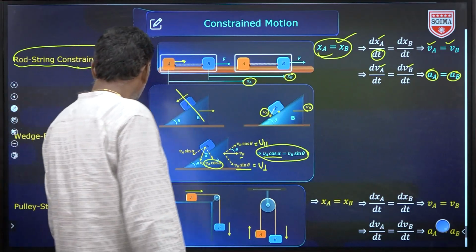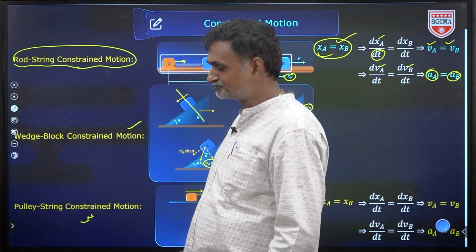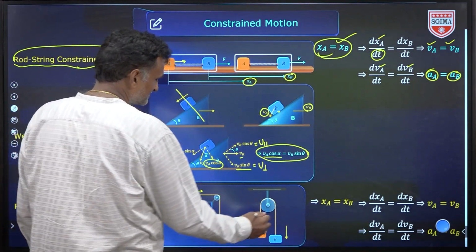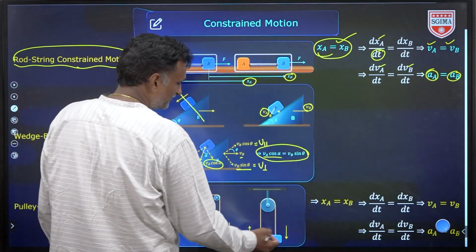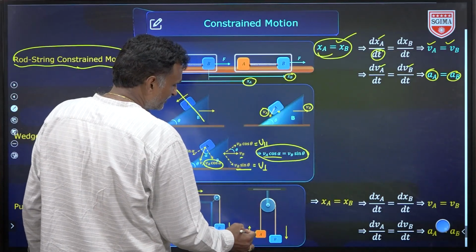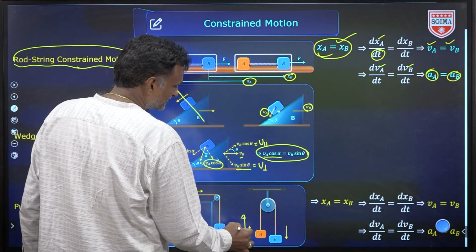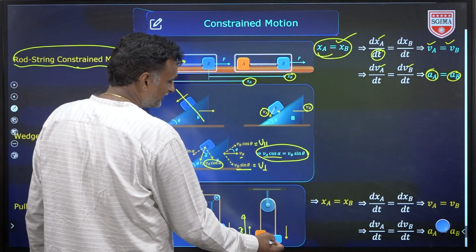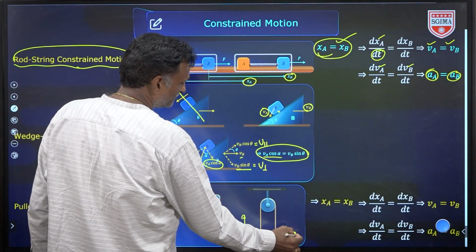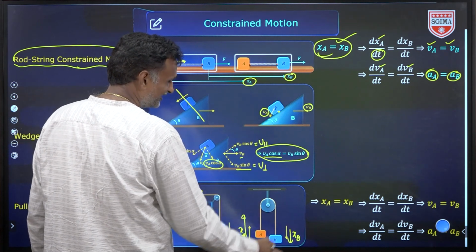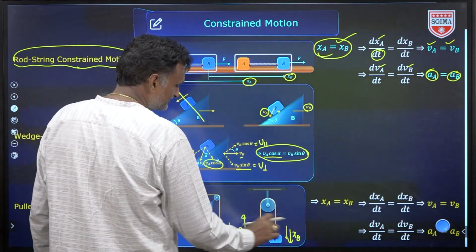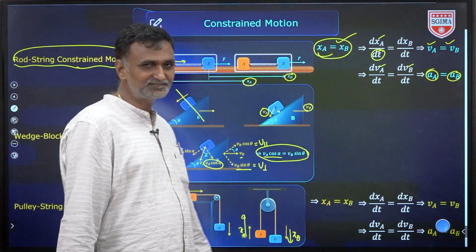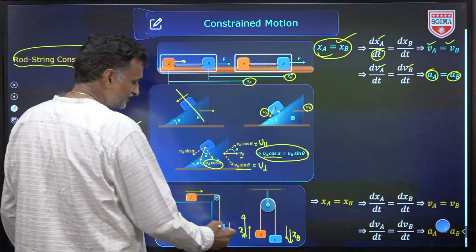Next part, pulley string constrained motion. Here is a general pulley, with blocks A and B. Suppose A moves upward by a displacement XA, and as the string is tight, B also moves with the same displacement. Actually you can take XB, but as the displacements are the same, XA equals XB. The same is possible in this case also.